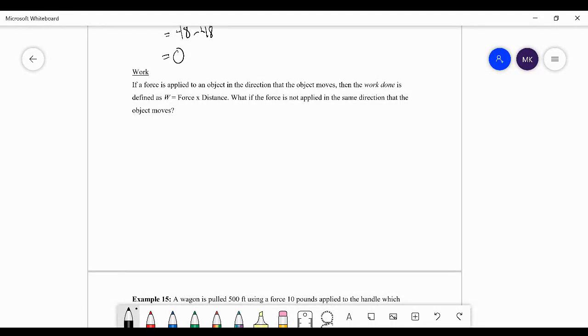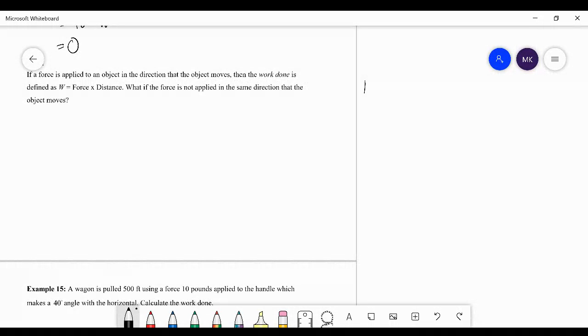What this simply means is, imagine we have a box. It is being pushed in this direction, let's say 10 feet, and we are pushing it with a force of, say, 5 feet.